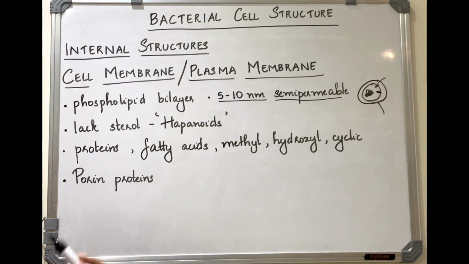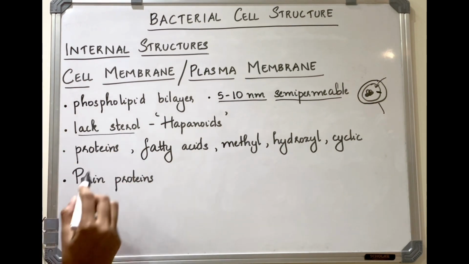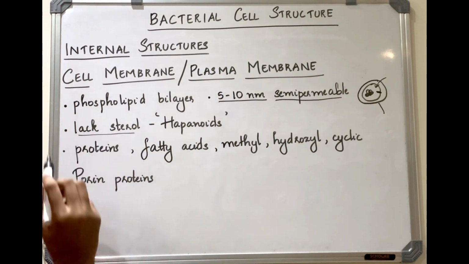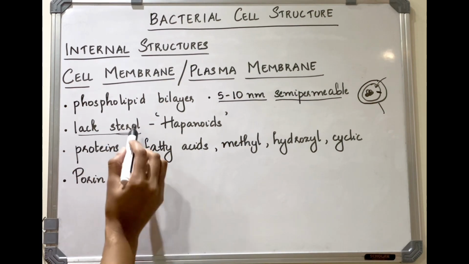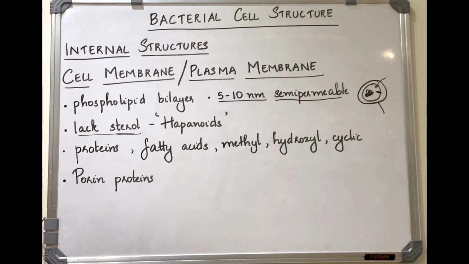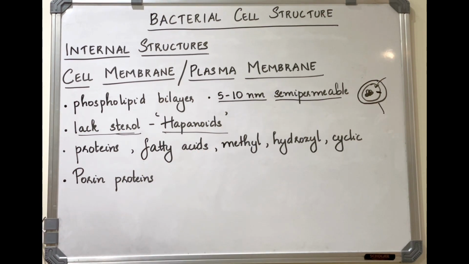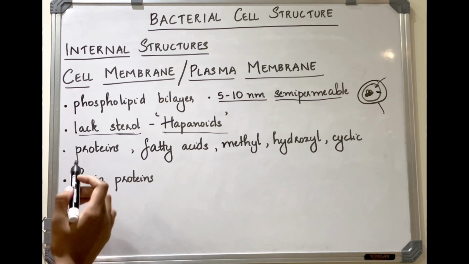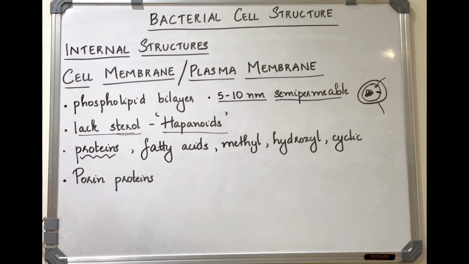Now, this plasma membrane lacks sterol. Sterol is a lipid class. Sterols are not present, but sterol-like compounds called hopanoids are present in the plasma membrane. And also, a high proportion of proteins are there in the plasma membrane.